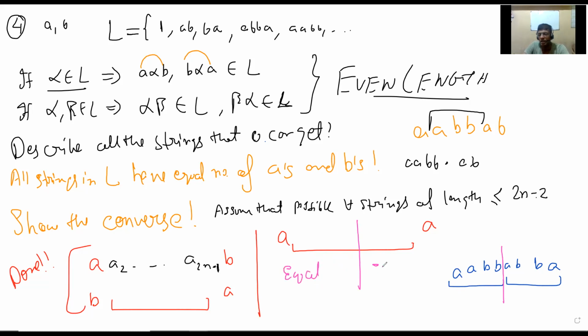And then obviously that implies this side will also be equal. I mean, you have to just care about the left. So you have to scan from left to right, and you will have to prove that at some point the number of A's and B's become equal. Because they eventually become equal. Okay, and initially the number of A's is more than the number of B's. So at some point they would have become equal, right?